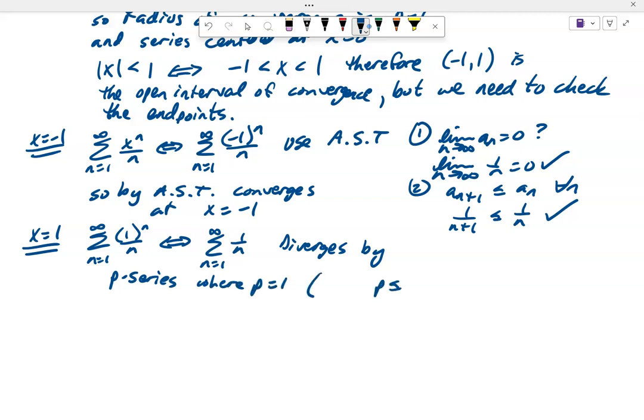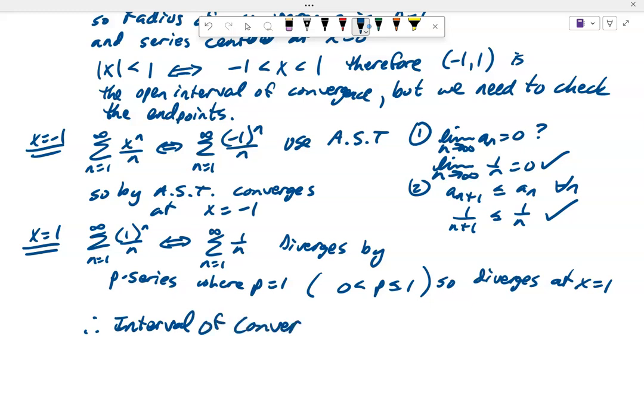So if p is less than or equal to 1, greater than 0, it diverges. So it diverges at x being 1. Therefore, our interval of convergence is from -1 to 1, but we were including -1. Oh, my bracket's struggling. There we go. -1, not including the 1.